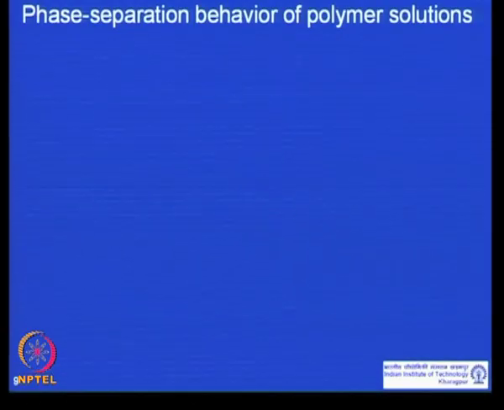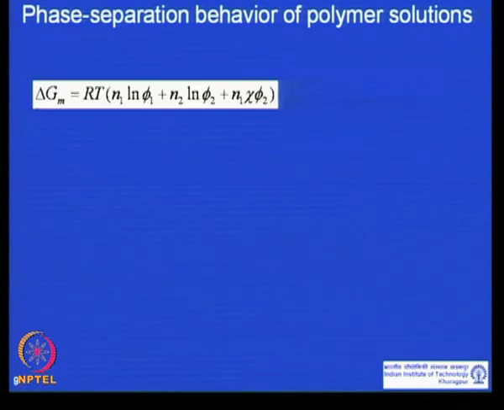Okay, now let us move to the next topic, where we talk about the phase separation behavior of polymer solution. And again, going back to the Flory-Huggins equation, this gives me the energy of mixing.